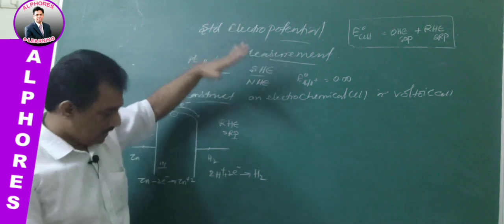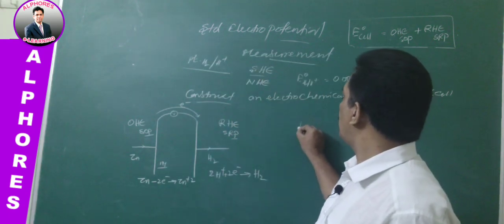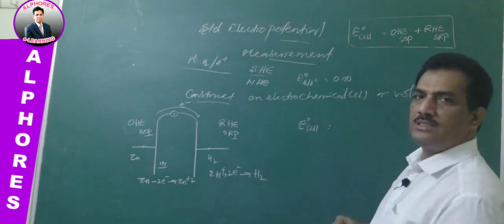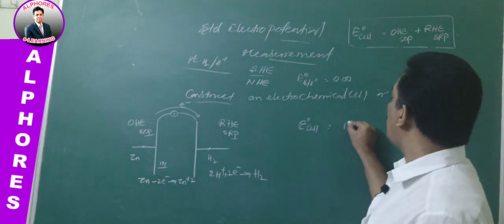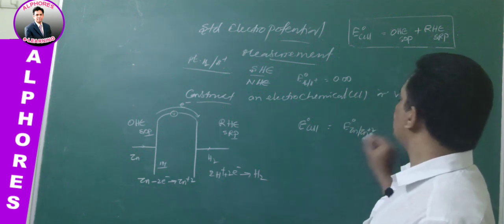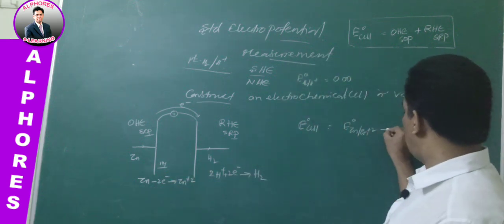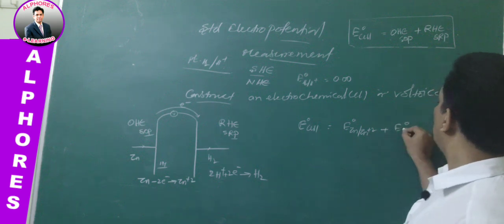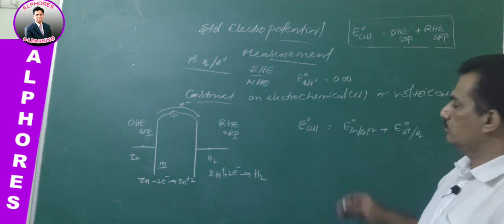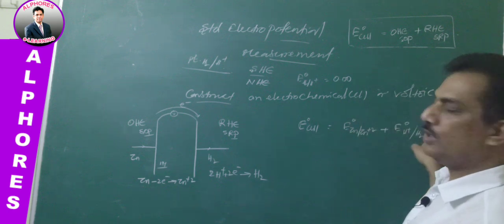Clear? And now with these two, when we observe the voltmeter reading, that is nothing but E cell. First let us write the formula here. That E cell is nothing but the sum of E naught Zn to Zn plus 2, because it is undergoing oxidation, plus E naught H plus to H2. This is E naught OHE plus E naught RHE.